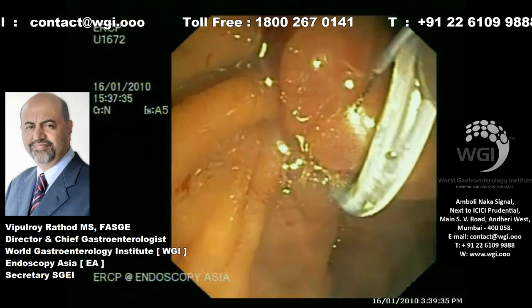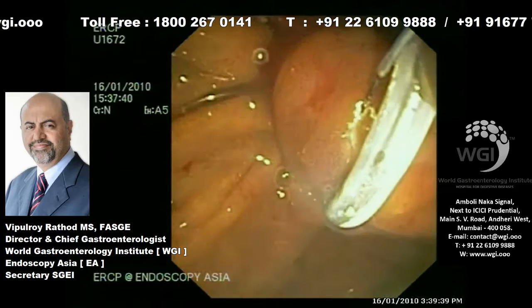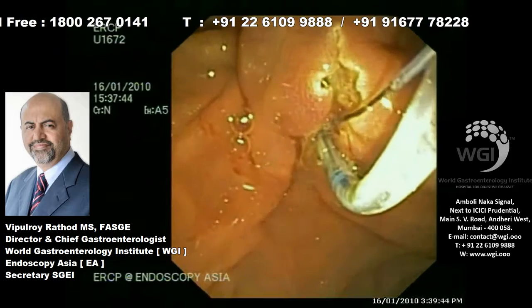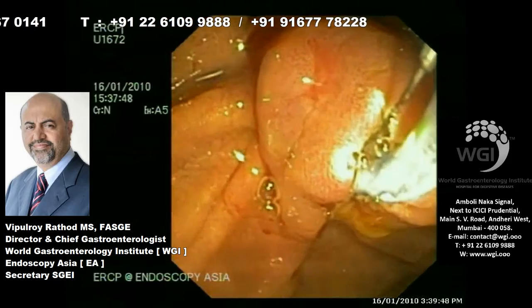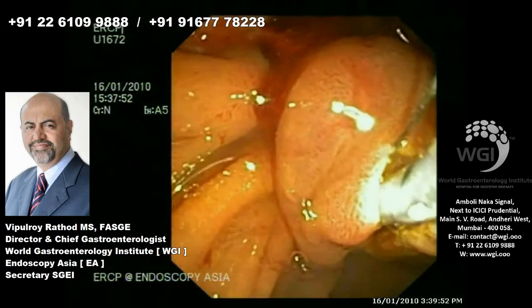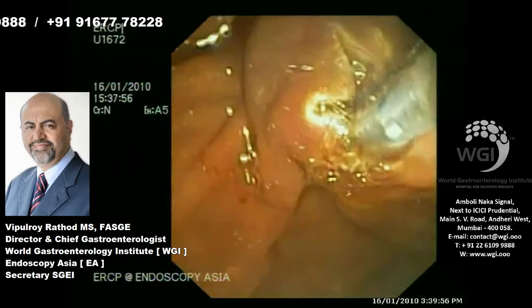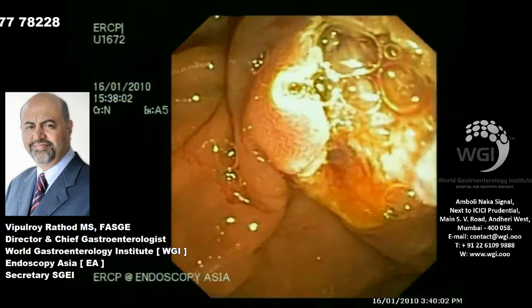So what I did, I know that this could be the pancreatic duct. We know that there is a pancreatic head tumor, and that tumor is occluding the pancreatic duct anyway. And there is severe deformity, and no way I will be able to find the right plane to cut in the axis of the bile duct. So I managed to engage the catheter and de-roof the opening.